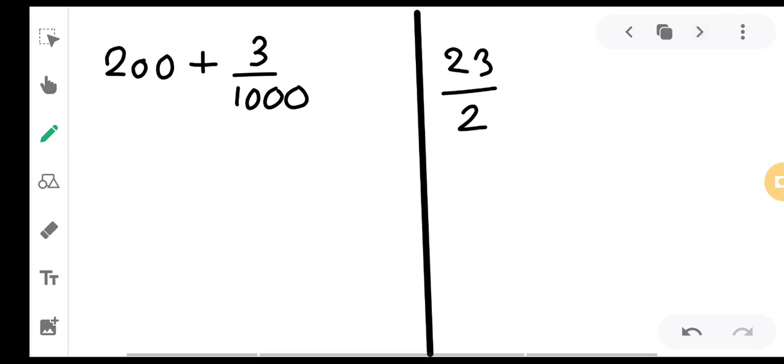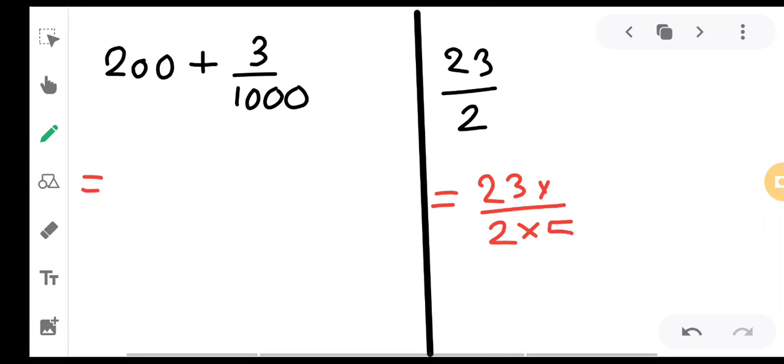Now students, you have to do this number as homework. But here you can see, students, 23 upon 2. First tell me how to convert this number to a decimal number. We have to multiply this number. First, 23 upon 2, we have to convert this to a decimal number.